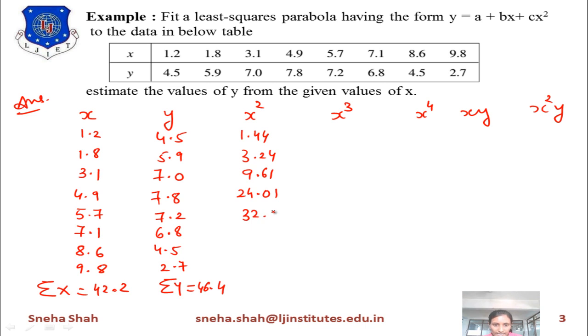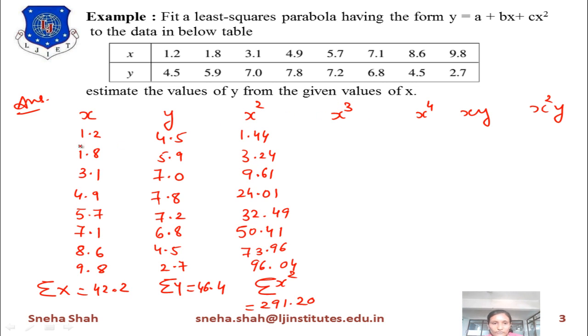Then the terms will be like this: 32.49, 50.41, 73.96, 96.04. Now, if I am adding all these terms, it will give you the answer of summation of x square, which is 291.20.